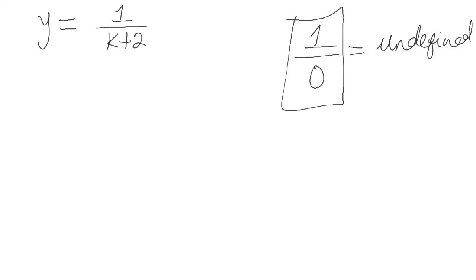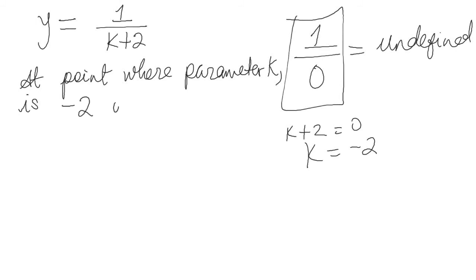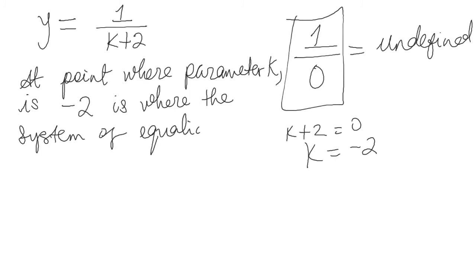In order for us to get 0 here, k plus 2 equals 0, we know that k has to be equal to negative 2. So at the point where parameter k is negative 2 is where the system of equations has no solution.